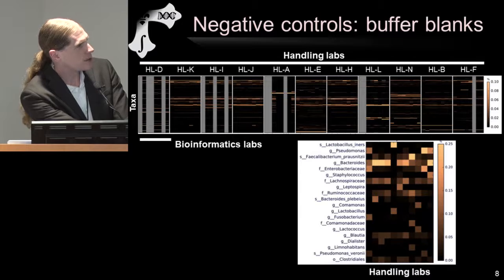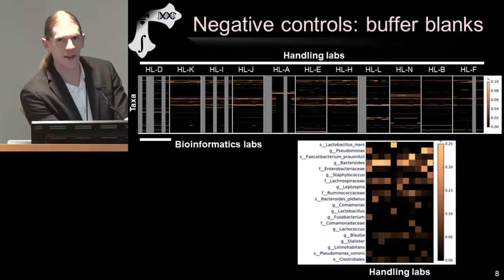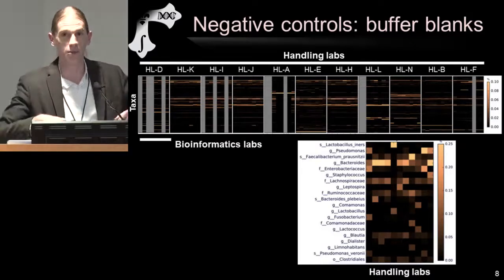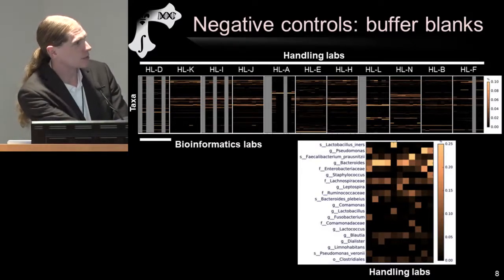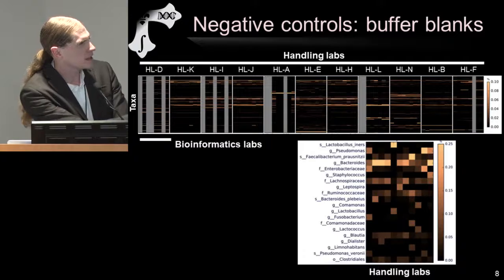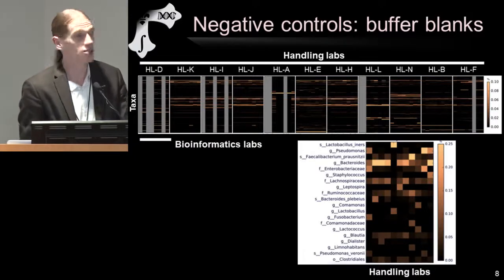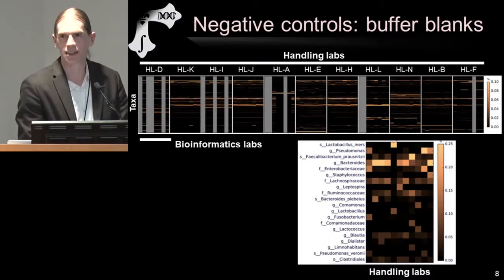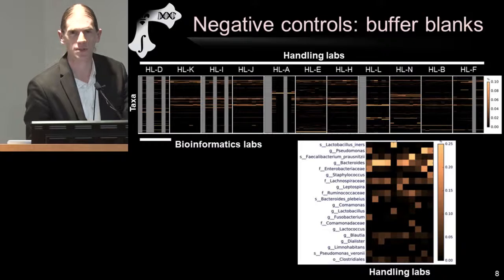Others are bugs that are probably coming from other gut microbiome samples, so contaminants from the rest of the sample set, and many of these are typical gut microbes. Pseudomonas, which is a typical reagent contaminant, showed up in a couple of the labs. And then in one, we had an example where there's probably some skin contamination into the negative controls.